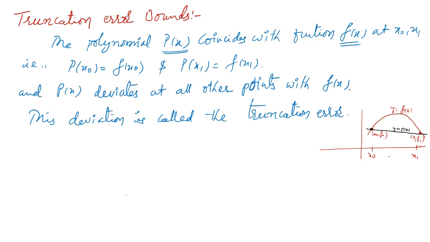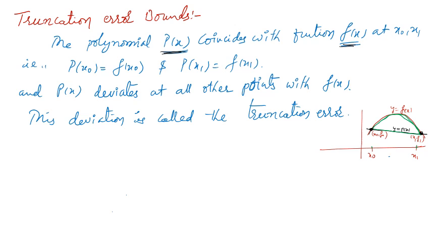So at x0 and x1, the curve and the line coincide with each other. So p of x coincides with f of x at x0 and x1. This is the original curve, and this is the approximate curve. So there is a lot of deviation between p of x and f of x at all other points. That is called truncation error.